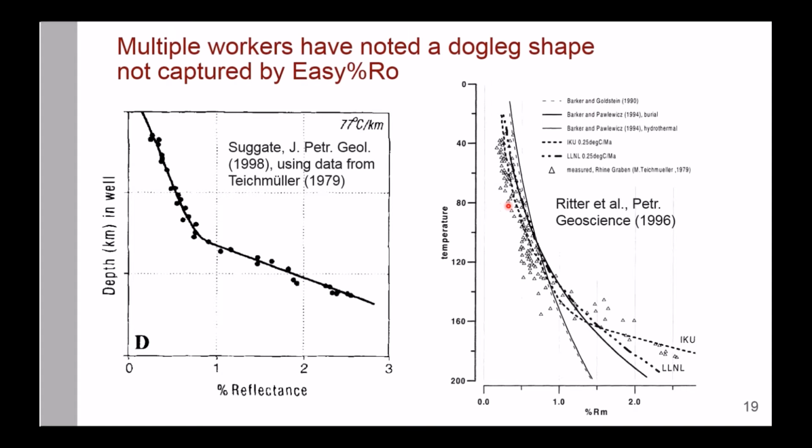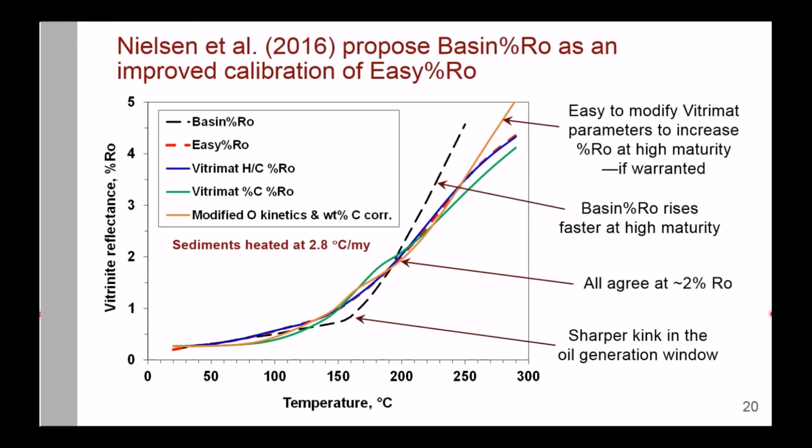So that work had actually been done quite some time ago. To my knowledge, that was not picked up by very many people. However, more recently, Nielsen et al. proposed a Basin %R0 as an improved calibration, and it really has a character very similar to what Ulrich Ritter had done 20 years ago.